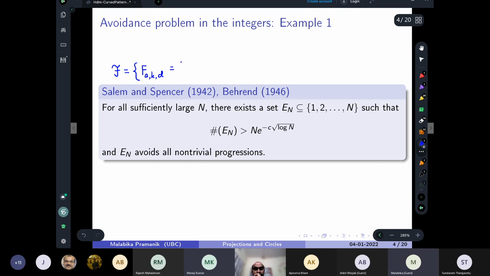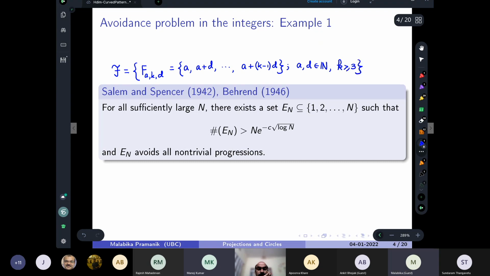The class of k-term arithmetic progressions is a set of this form, where a and d are integers and k is larger than or equal to 3.